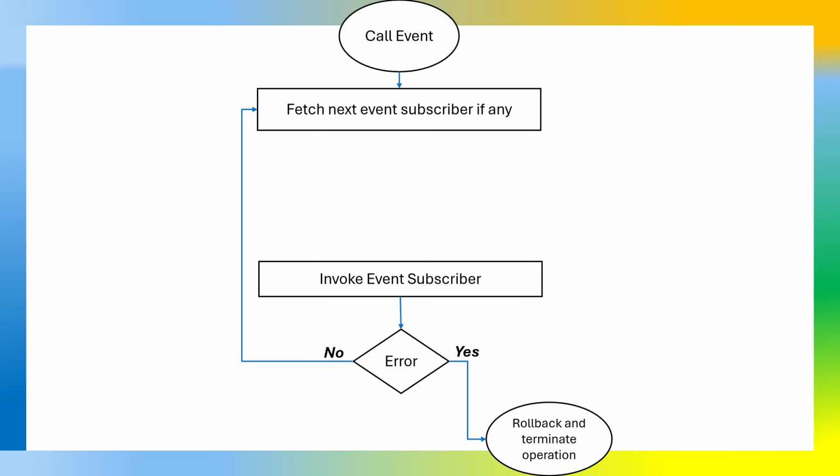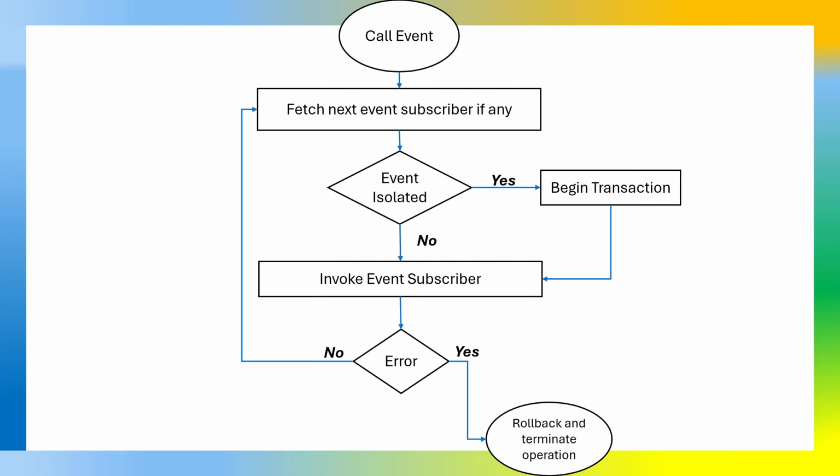As soon as you introduce that new isolated parameter in the definition of your event, the change happens at this point. As the system finds all the subscribers subscribing to this event, it checks whether this particular event is isolated or not.